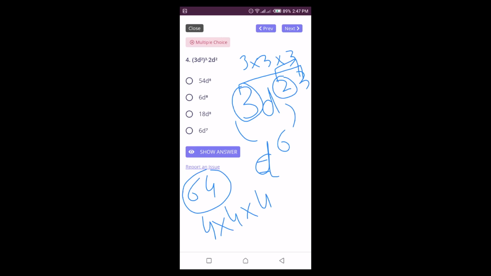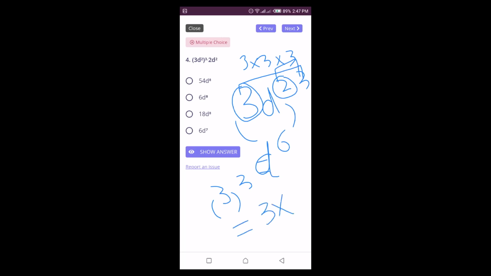Now just like that, you can easily suppose this 3 is the cube root of 64. So this 3 has to be solved like 3 multiplied by 3 multiplied by 3, multiplied 3 times.